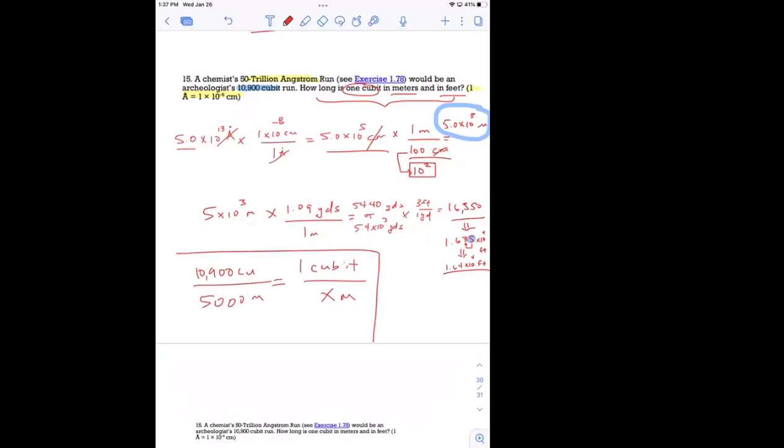And then solve for X. If we're looking for 1 cubit, how many meters are in 1 cubit? Then we could take what we know, which is that there are 5,000 meters and 10,900 cubits, and then we can solve for that bottom number. Is that right? Or we could just reduce down the proportion.